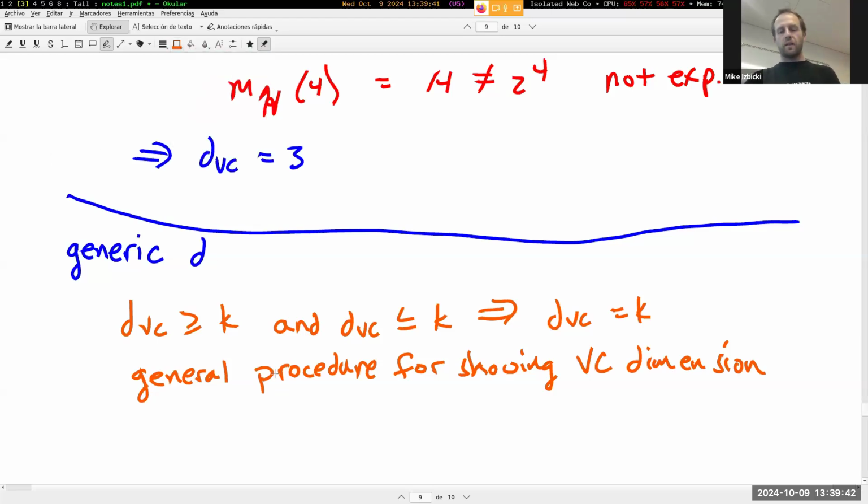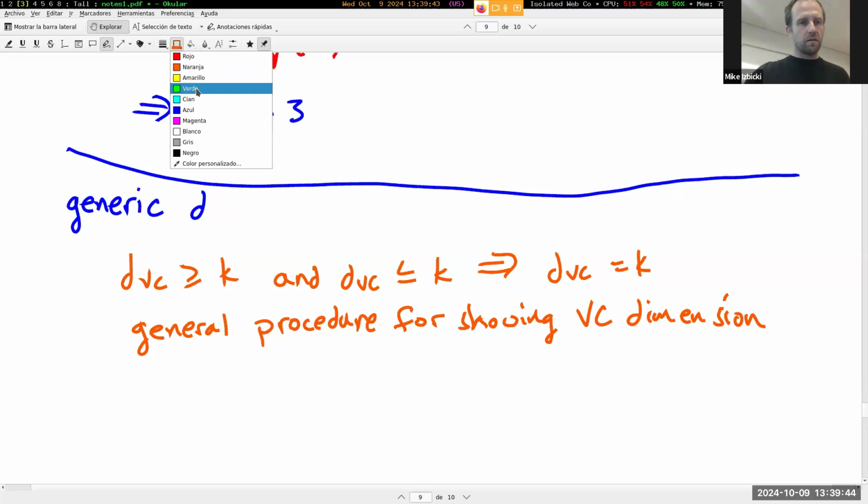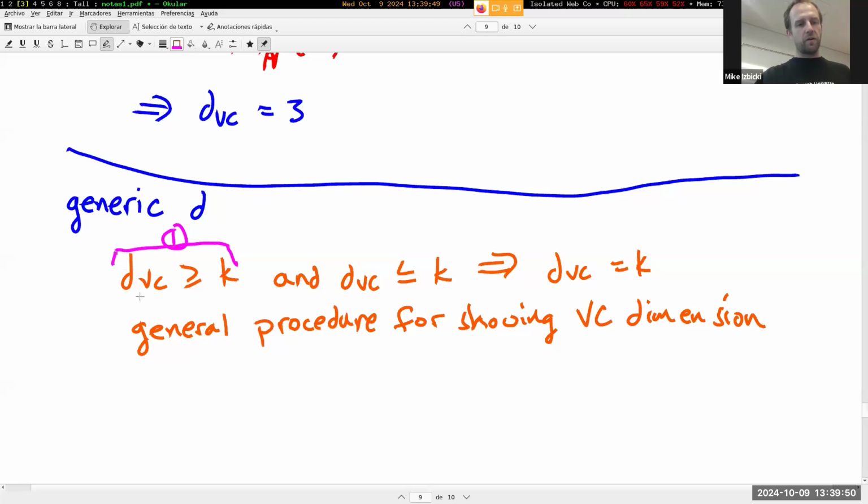And when we show the first part over here, this part 1 right here, d_VC greater than or equal to k, what we will argue in this particular case is that the d_VC is greater than or equal to d plus 1.